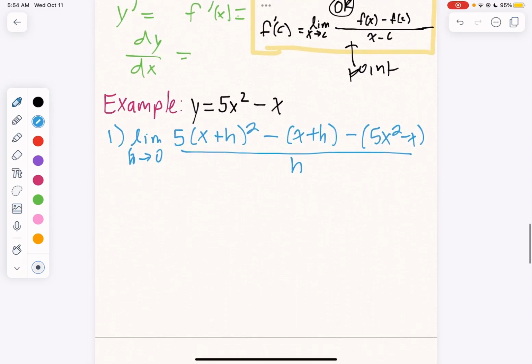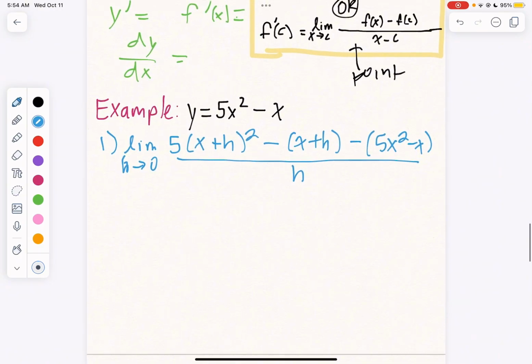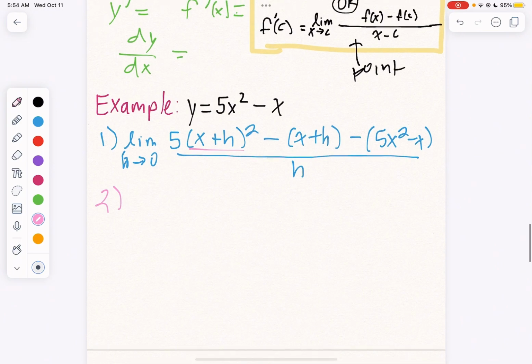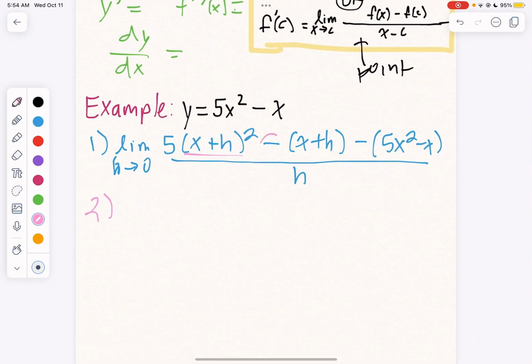Alrighty, step 2. Let's pick a different color. Now we're going to open up this x plus h squared to make life a little bit easier for us, and of course, we're going to distribute our negatives.